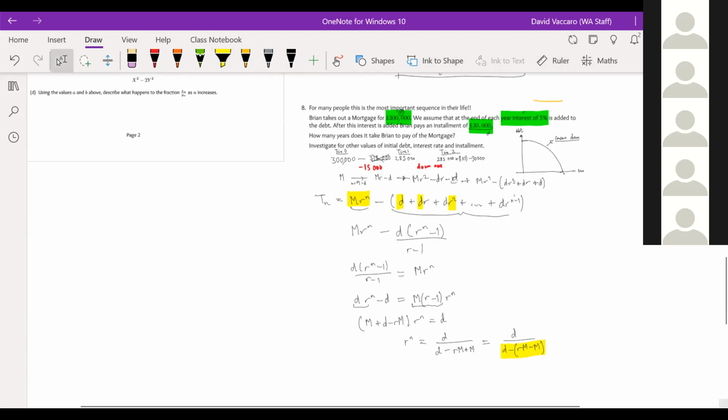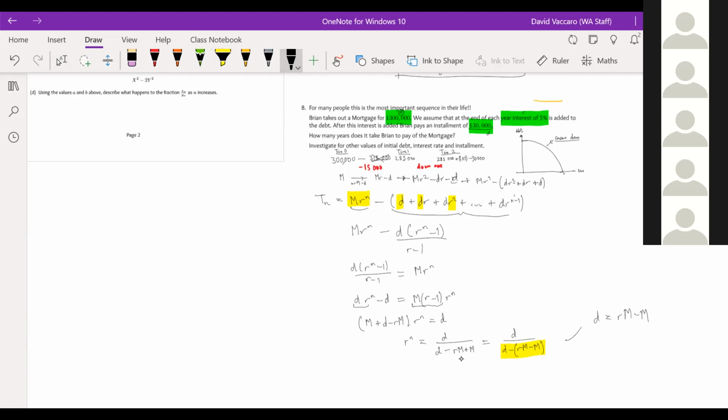What sanity check can I do which tells me that this denominator looks right? So when would we get a singularity? We can see here that we would get a singularity if D was equal to RM minus M.